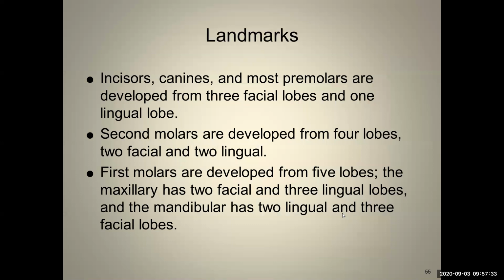Oh my, this is hard enough. The incisors, canines, and most premolars are developed from three facial lobes and one lingual lobe. This is what you've got to know. Three facial and one lingual. Second molars are developed from four lobes, two facial and two lingual. Those are your second molars, versus the first molars have five lobes.